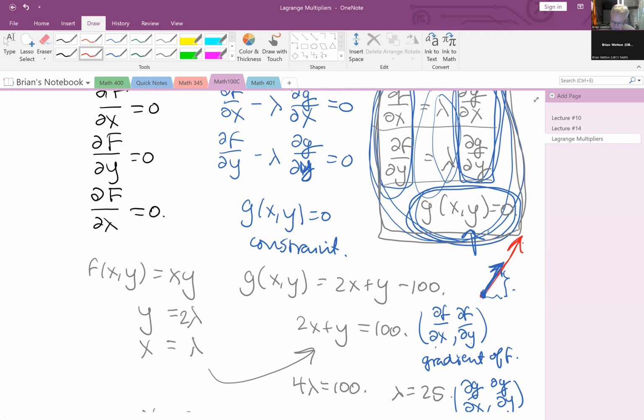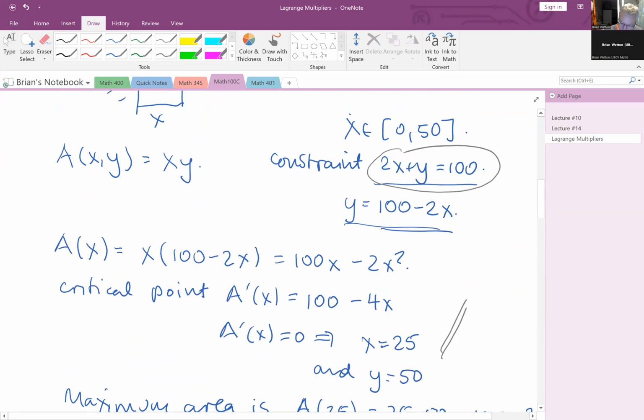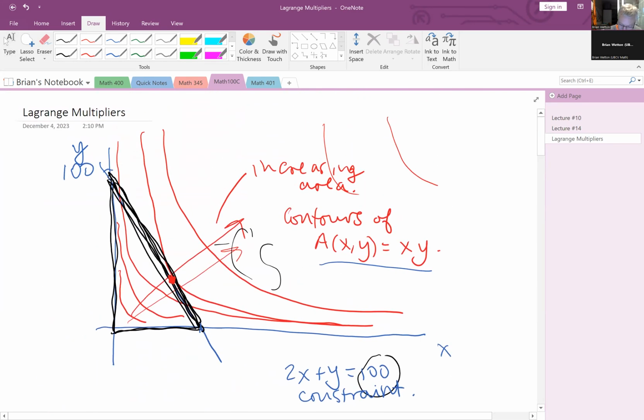So these two equations tell you that the gradient of f is parallel to the gradient of g at optimal points.